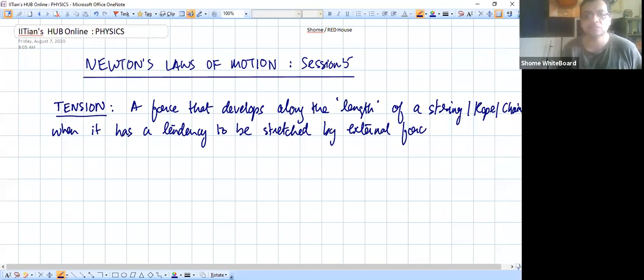So whenever a longitudinal material like a rope or a chain or a string is given a tendency to get stretched by external forces, it develops a force along its length, which is called tension.